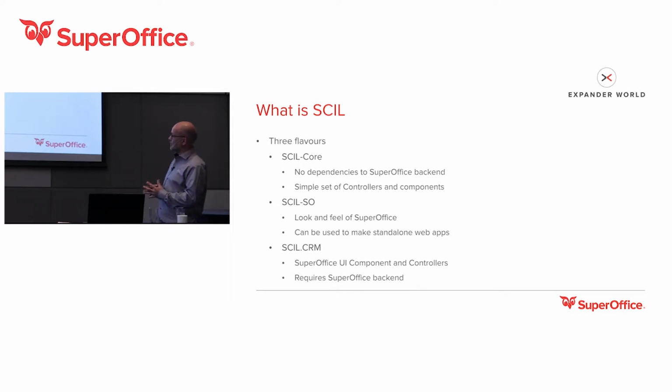The SCIL core, which is the core of the SCIL framework, which has no dependencies on SuperOffice backend whatsoever, and it has only a limited, small set of components and controllers. I will explain what that is later, but you should remember now that core has a simple set, core set of components and controllers.